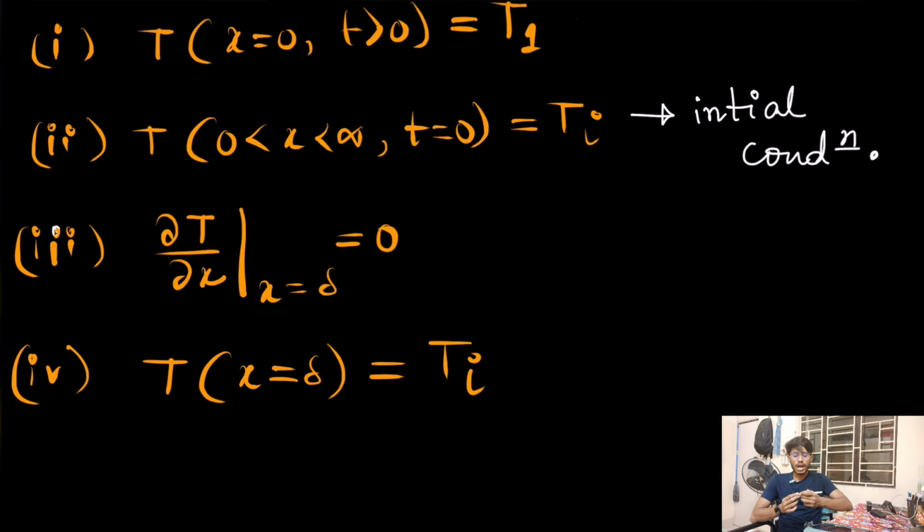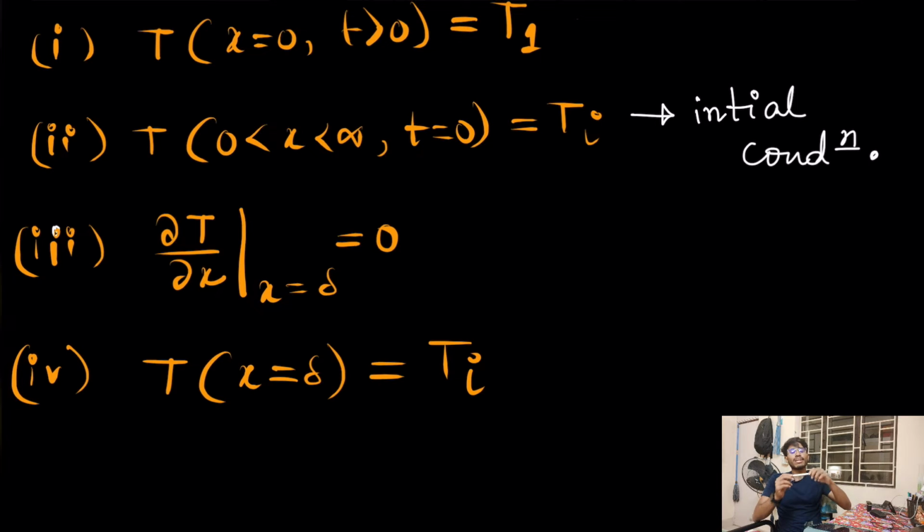That is, if you are holding a spoon like this, initially the spoon was at the ambient condition. Now the moment you put your spoon into a hot curry, the heat will be conducted upwards towards the negative temperature gradient.